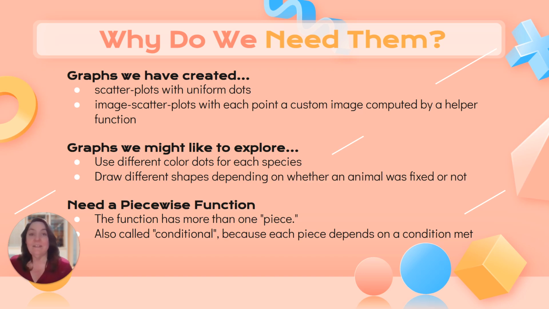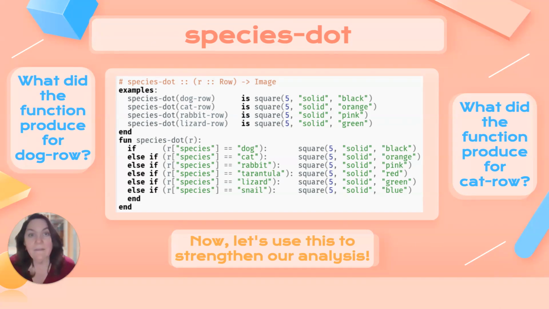Each piece has a condition, and if not, go to the next line of code, and if this condition is met, then do this. So they're called piecewise. And if you've taught any algebra or math, you've seen graphs where if x is between here and here, then the graph does this. But if x is between here and there, it does something different. That's also called a piecewise graph.